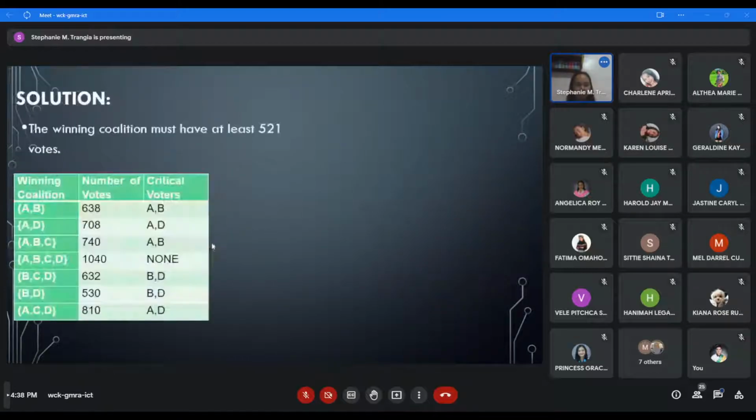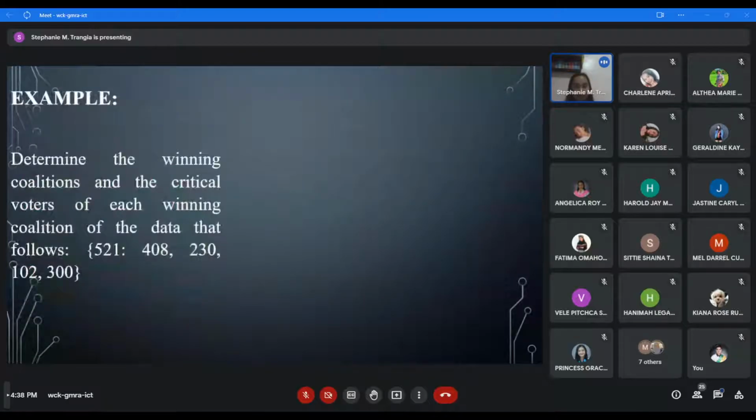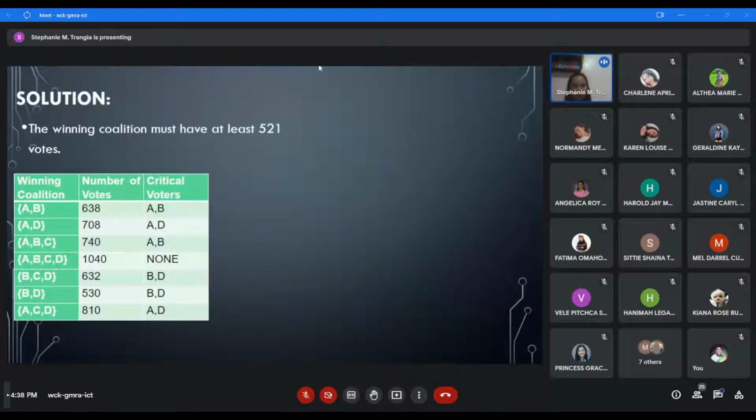Now, for the coalition of A and B, the combined number of votes is 638, that's 408 plus 230. So their coalition is a winning coalition, simply because their total number of votes is greater than the quota of 521. Both of them are critical voters.